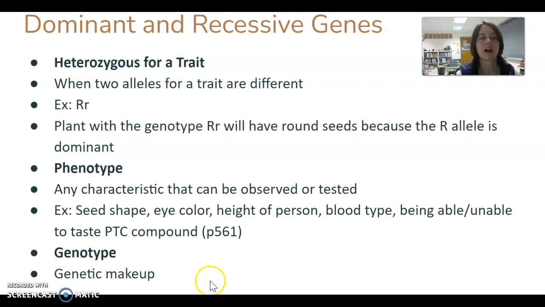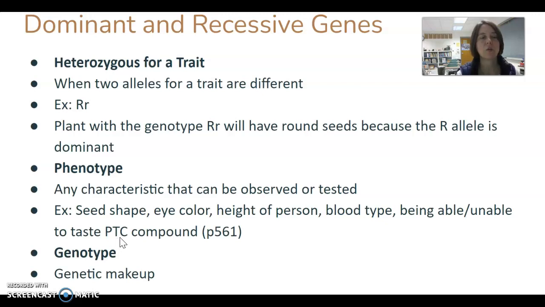Okay, so circling back to our PTC compound on page 561 in our book in chapter 25. PTC stands for phenylthiocarbamide, and it is a bitter compound that some people can taste and some people cannot taste at all. The ability to taste it is a dominant trait and it's passed on genetically.